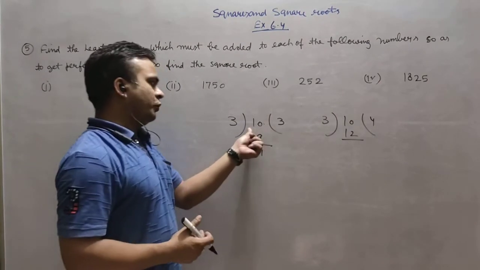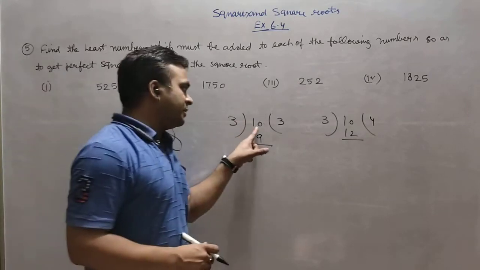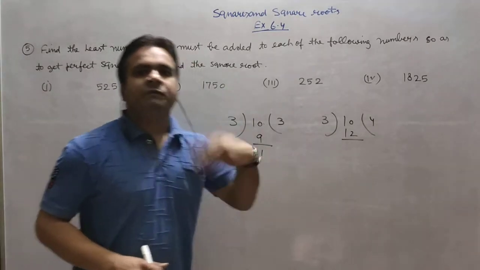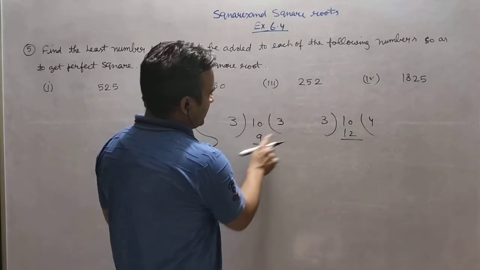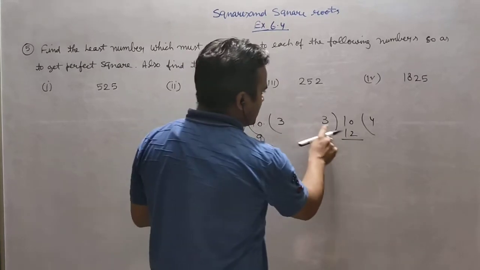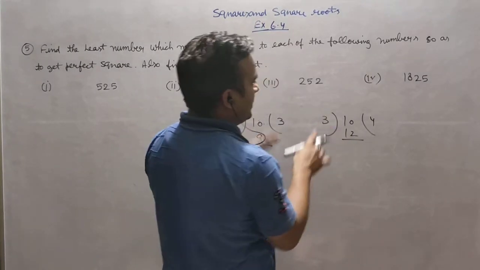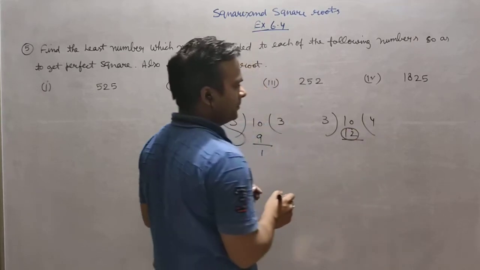Because if you go before 10, you are searching what should be subtracted. But what should be added means you are going after 10. So after 10, 3 3s are 9, that is already there. 3 4s are 12, the number which is divisible by 3. This 12 is the number, right?